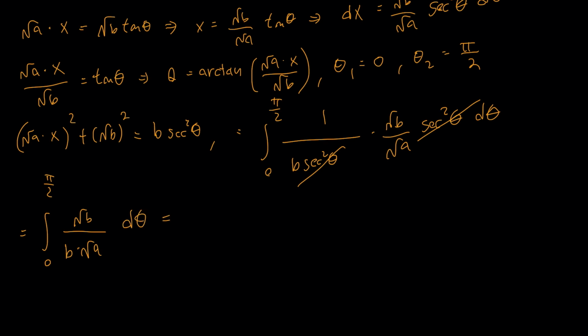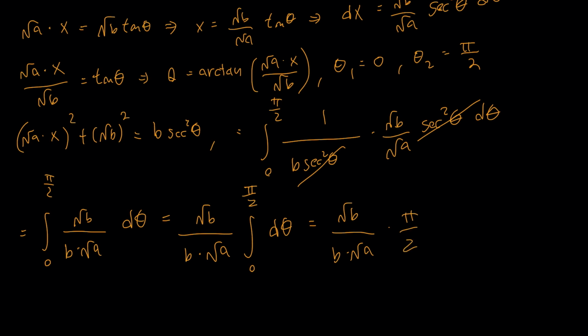And we could factor out the constant, so we have the square root of b over b times the square root of a, and then the integral from 0 to pi over 2 of d theta, which will just end up being the square root of b over b times the square root of a times pi over 2. And now I will rationalize the denominator and the numerator by a factor of the square root of b.